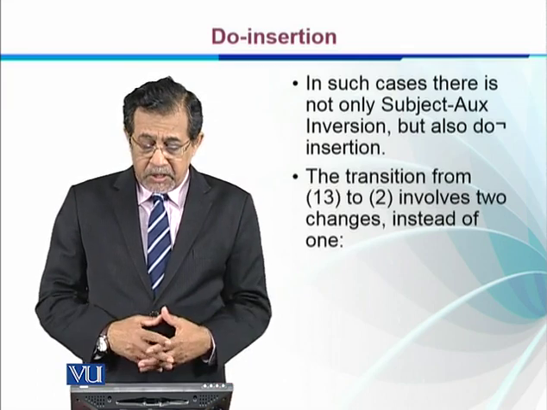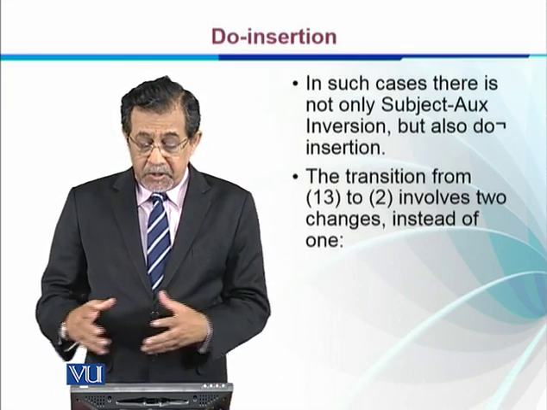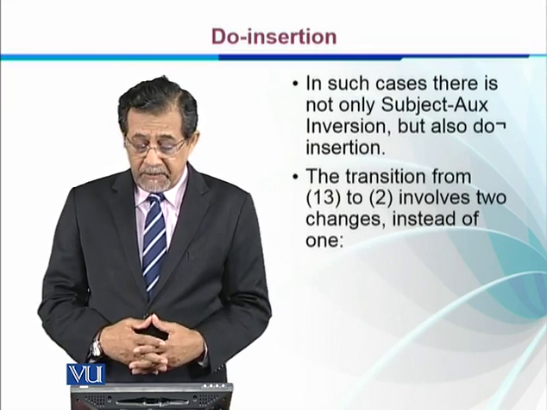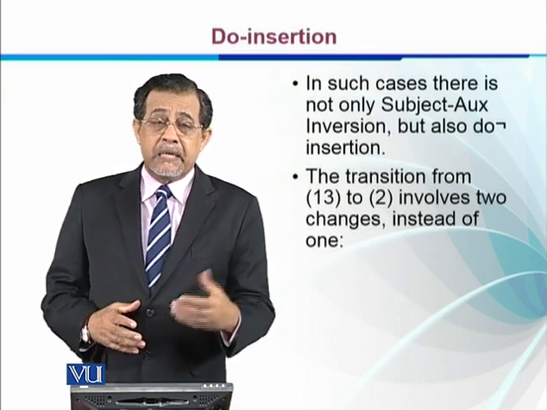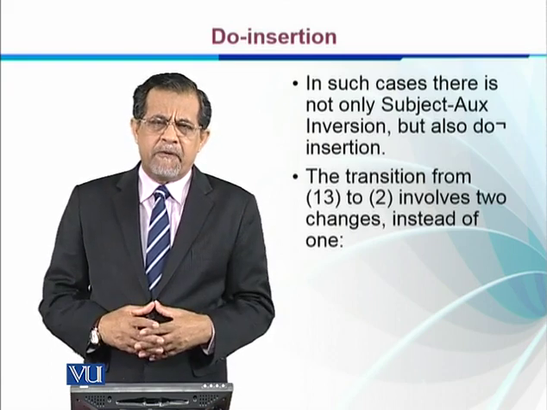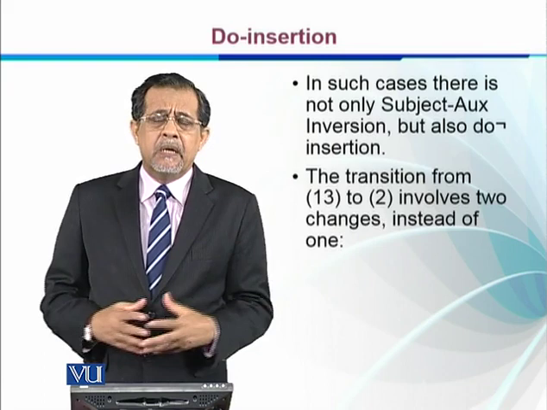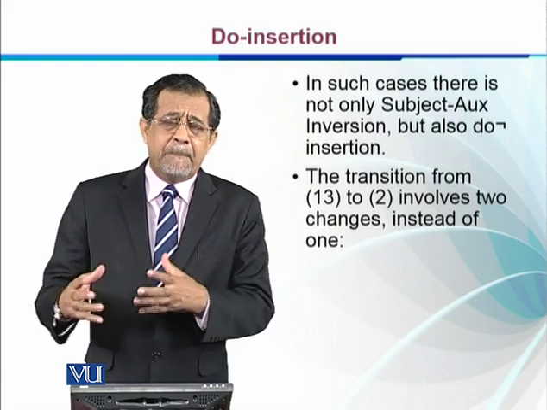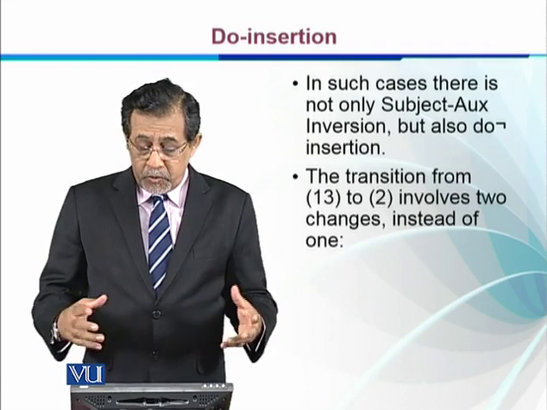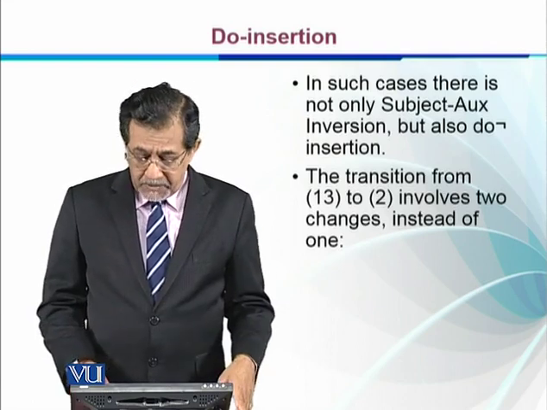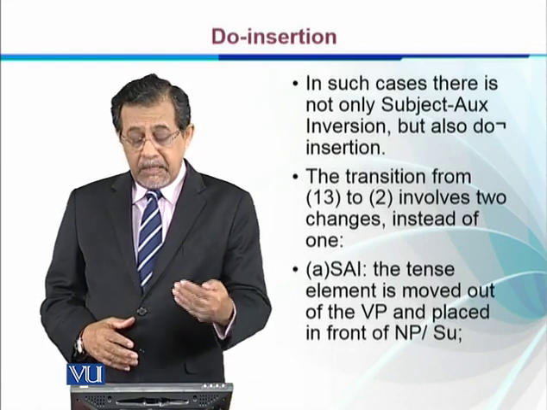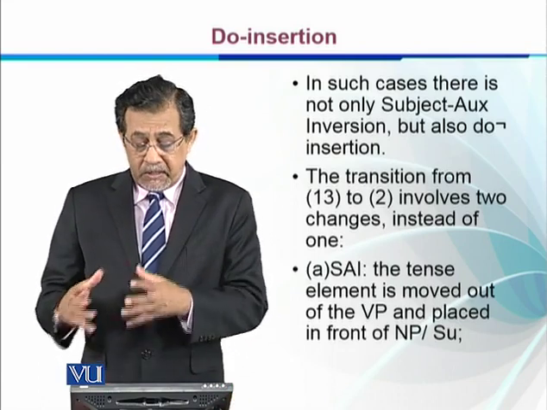So this transition from 13 to 2 involves two changes. Actually, two changes have taken place in such a sentence, in which do, we have different names for this do, dummy do, and a helping verb, etc., right? So where does it come from? So we have two changes. For example, one is subject auxiliary inversion.